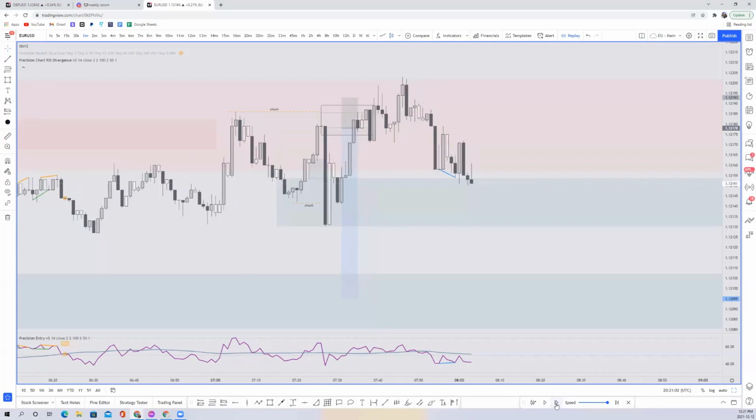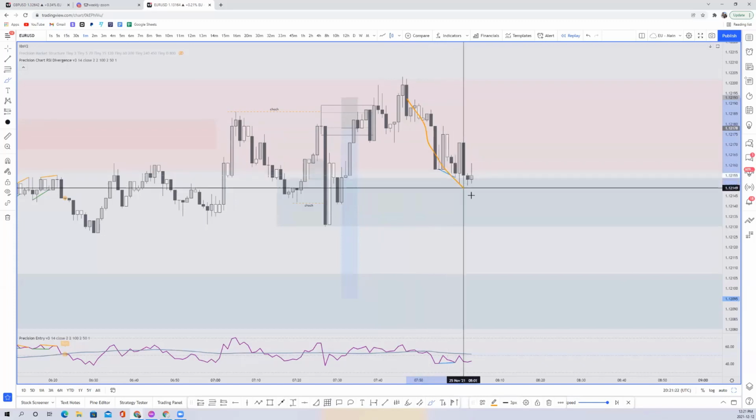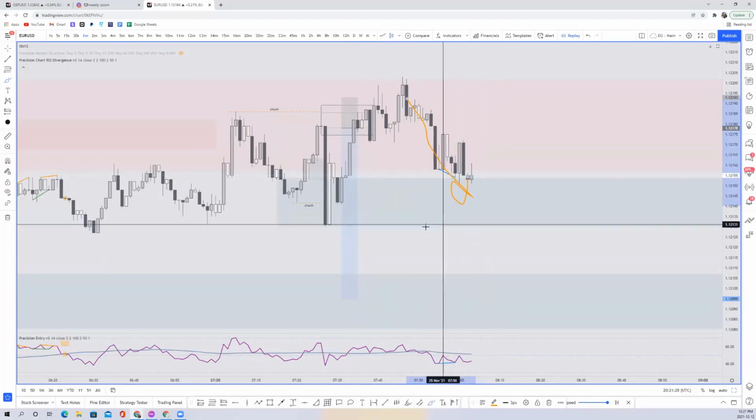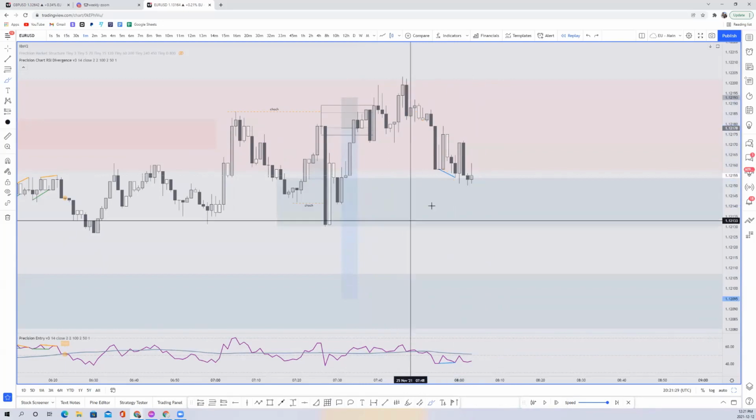So this is a signal here that the BFIs aren't pushing as hard here. This is a regular divergence line. And what this basically means is there is not that much volume pushing this down right now. So it can't be your only confluence, but it's something to consider.